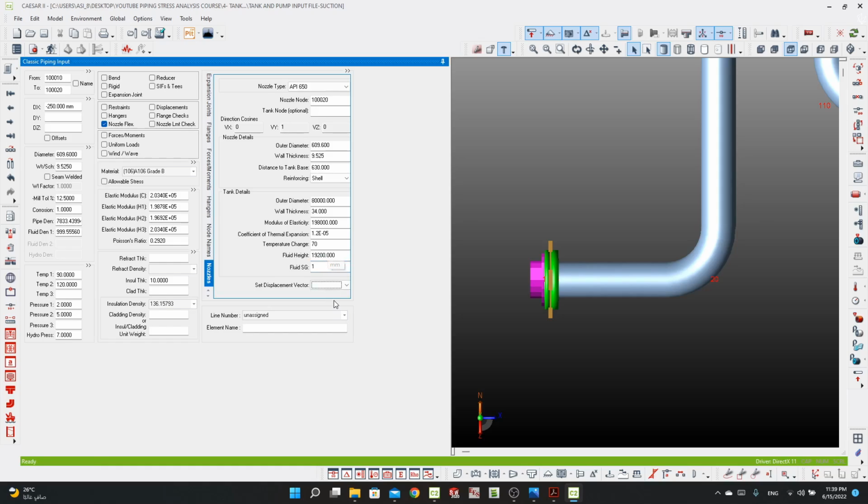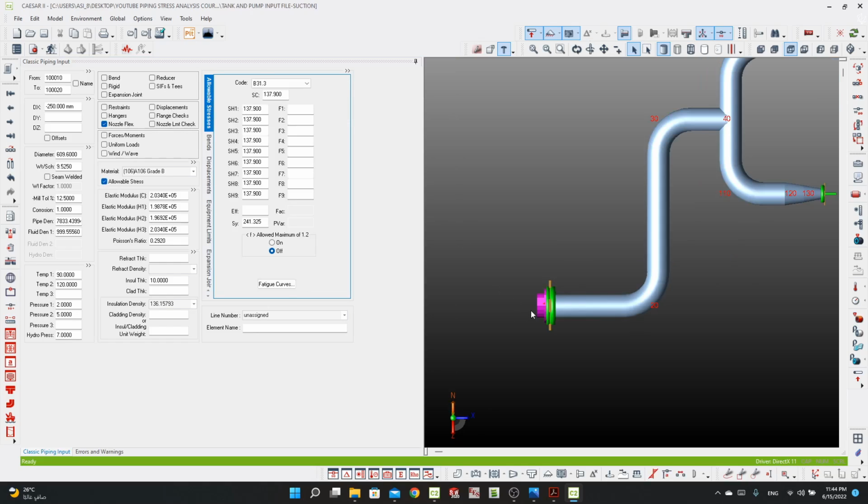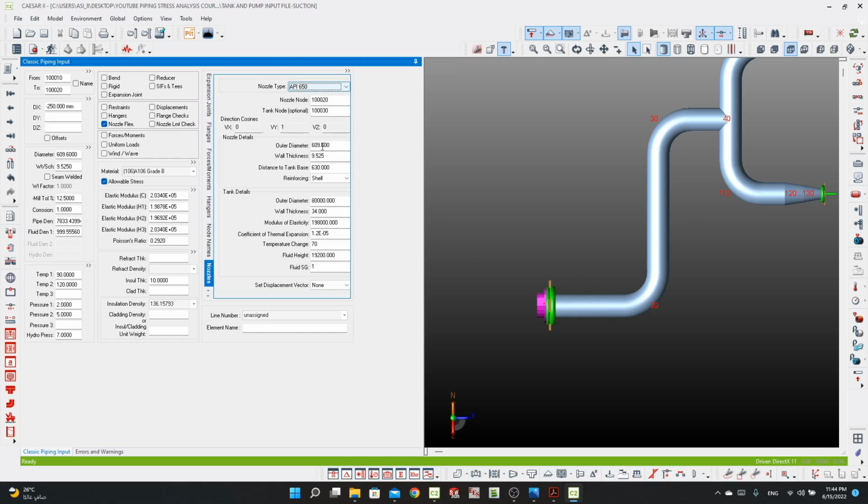And here, if you need to put the displacement, you can use it, but since we will use the rotational and the other displacement, it's better to put it none, and we will use this displacement. I will do this like that. Put 30 here.